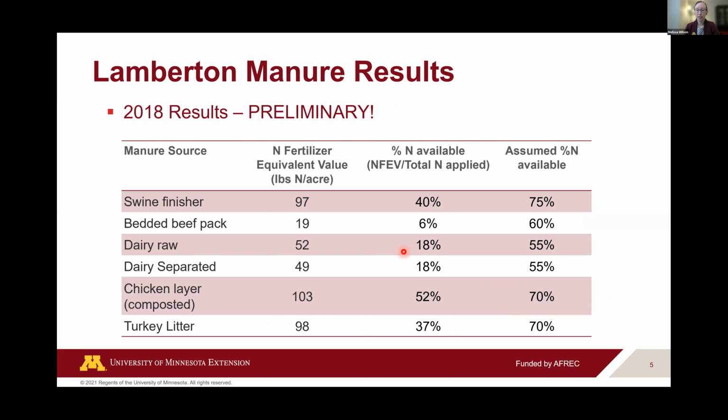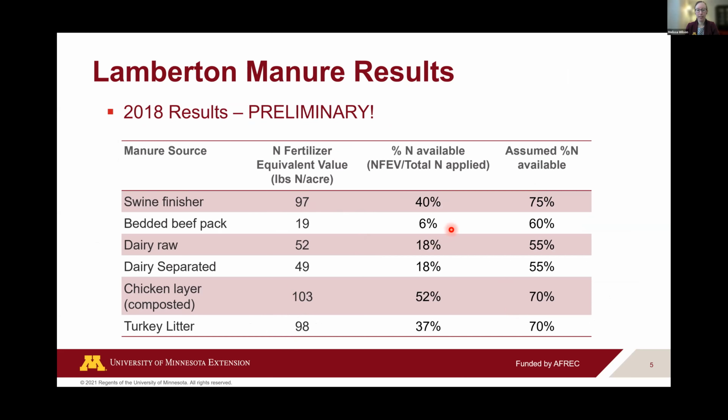So I want to talk about the differences in the 2 different sites. And this is just for our 2018 data. As I mentioned, we're still organizing a lot of data for all of these different sites. But what we have here is our nitrogen fertilizer equivalent value. And remember, we were aiming for 140. And you can notice that we did not get 140 in most of these cases.